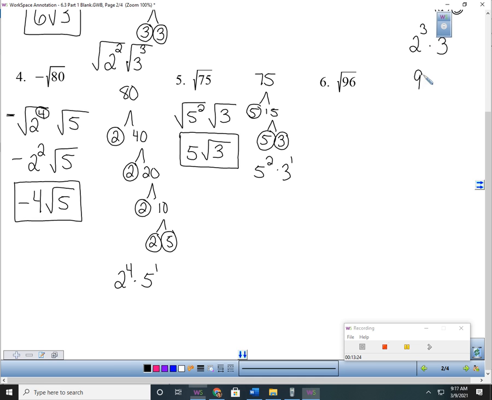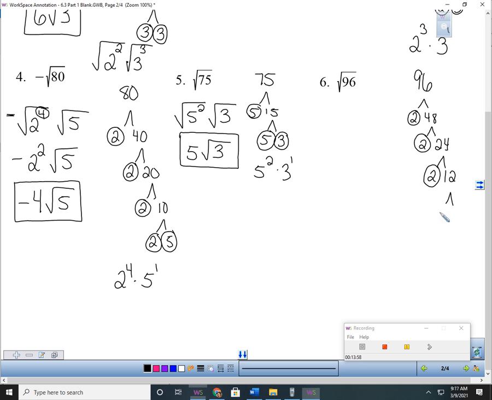Okay. All right, 96, not a perfect square. So we're going to go ahead and do our factor tree. So it ends in a 6. That's even, so we can divide by 2. So 96 divided by 2 is 48. 2 is prime. 48, that's even, so it divides by 2. 2 and 24. 2 is prime. 24 divides by 2. 2 and 12. 2 is prime.